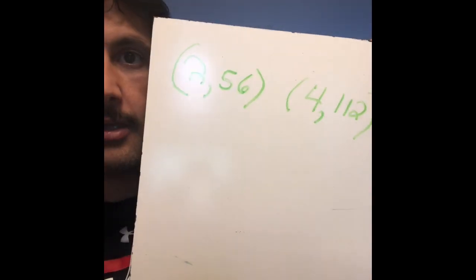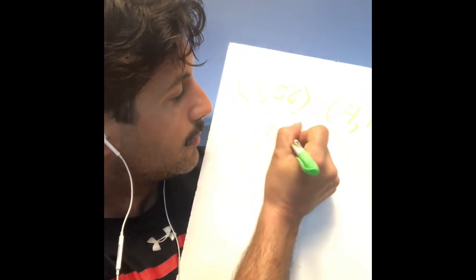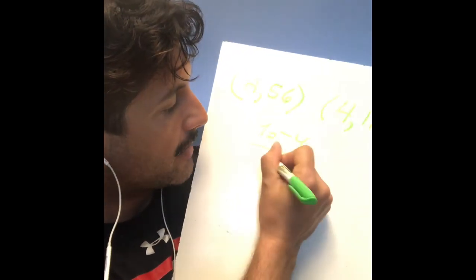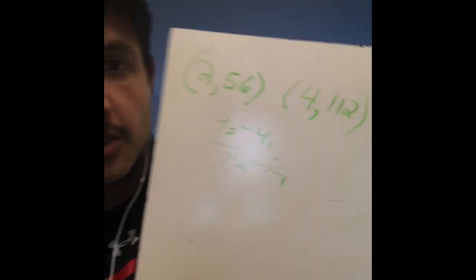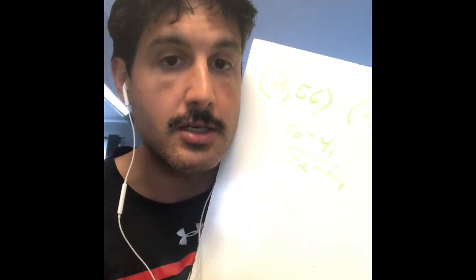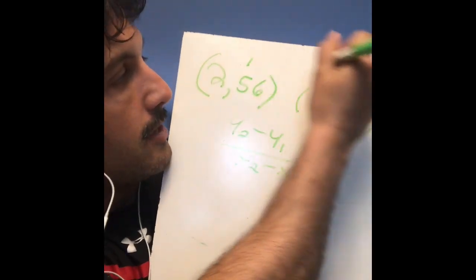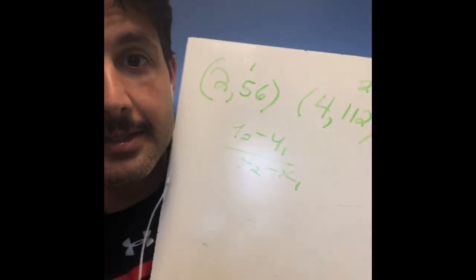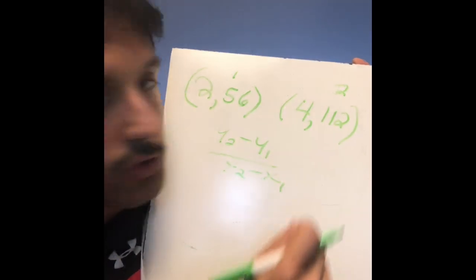Now, in order to calculate this, y2 minus y1 over x2 minus x1. So there's my equation, and I just need to decide which point's 1 and which one's point 2. It does not matter which is which. I'm just going to go, the first one is 1, second one is 2, because that just makes sense. And I have y2 is 112.